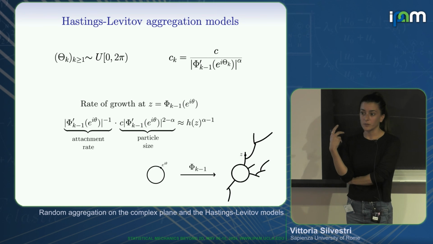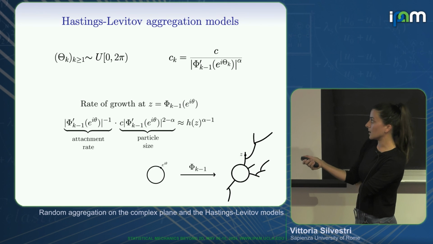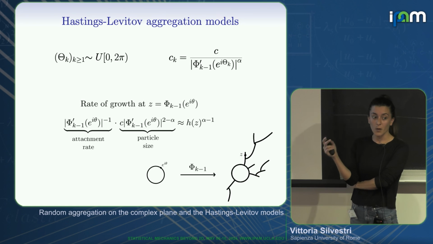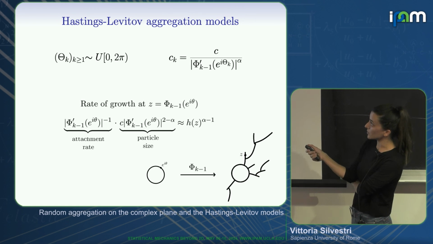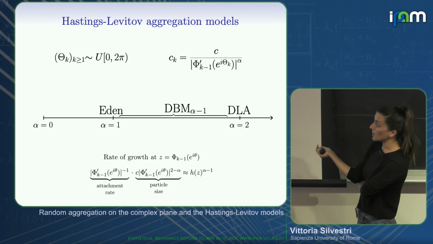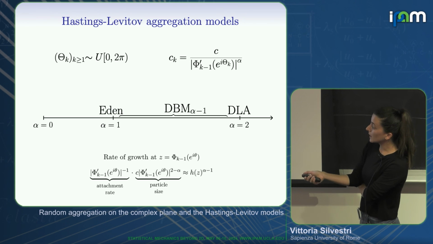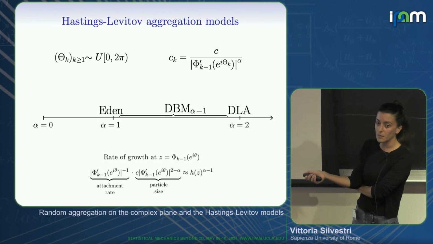So this should remind you of the discrete models I discussed at the beginning. The clusters are growing roughly according to harmonic measure on the boundary raised to some power which depends on alpha, which is this parameter which we introduced. And so you get a one-parameter family of models. If the rate of growth is harmonic measure to the alpha minus 1, when alpha equals 1, the rate of growth is roughly uniform on the boundary.